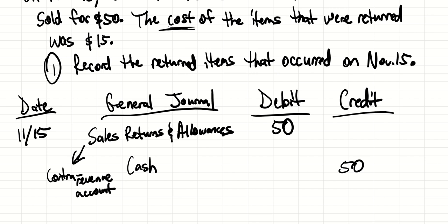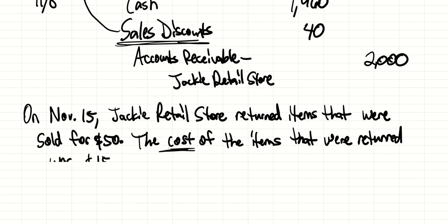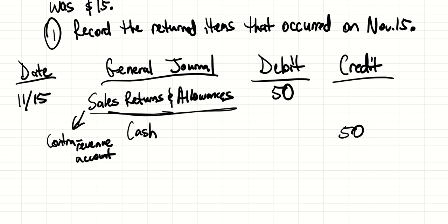So you've got two contra revenue accounts here: sales discounts, which is right here, and sales returns and allowances. So this is to adjust the revenue account.